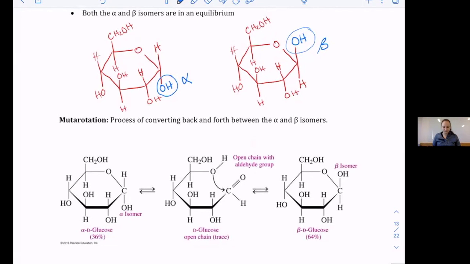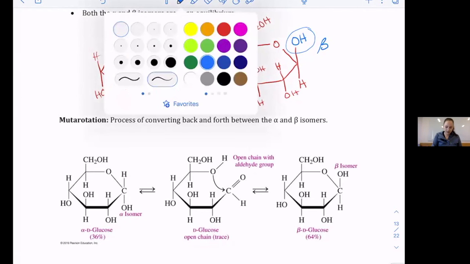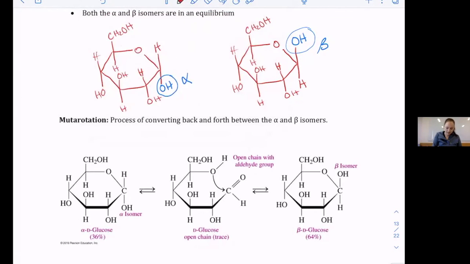And what can happen is this glucose here, we're going to highlight that it's the alpha glucose because we have the alpha isomer since it's going down. We can then break it into the linear form again, and then reclose that ring. And now we can reclose it the opposite direction into the beta isomer.